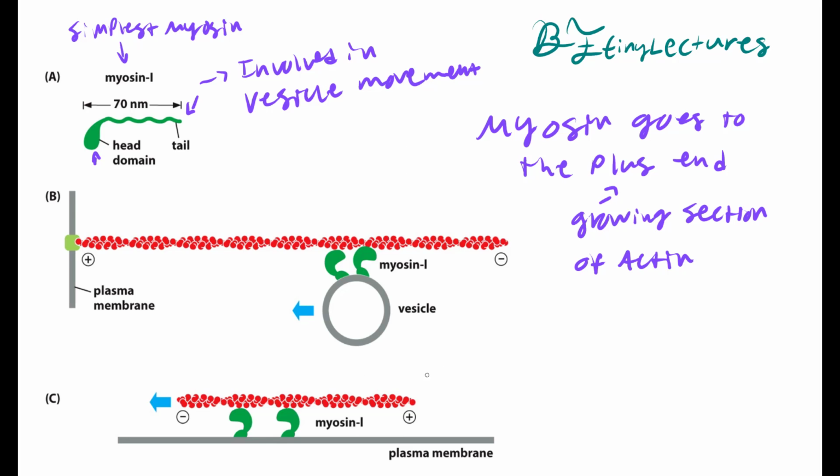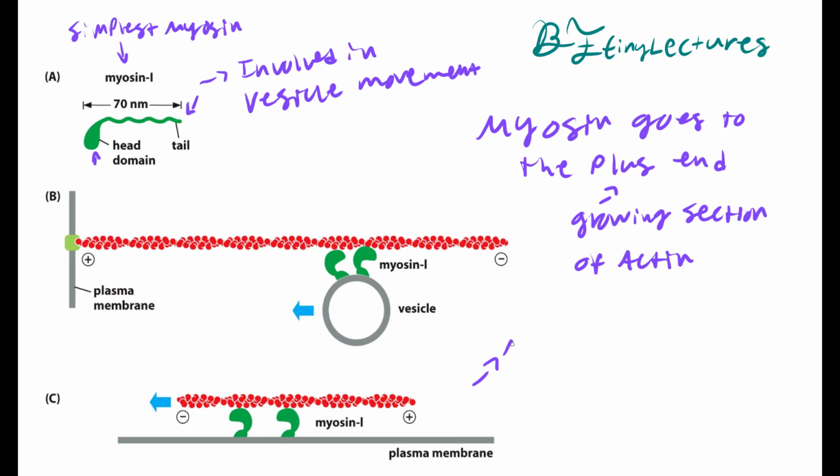And here in this lower picture, this is showing you that it can also bind to the actin filament within the cortex. Now, why would it want to bind with the actin filament within the cortex? You have to remember that a couple of lectures ago, I mentioned that the cortex has actin, and this actin stabilizes the cell shape. Now, the reason why myosin would want to bind with the actin filament within the cell cortex is to establish a new shape.